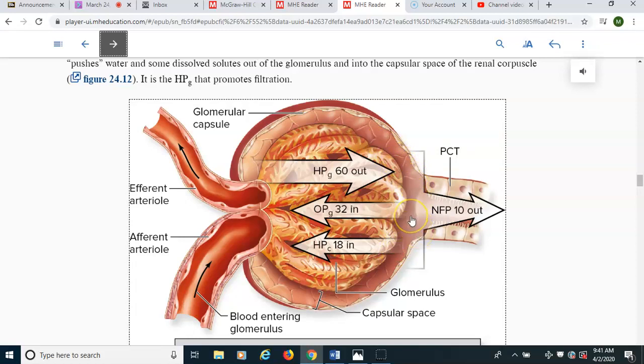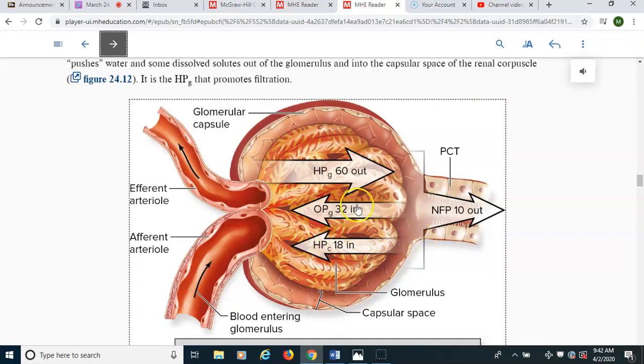So there's a little bit of pressure, a lot less than what's in the glomerular capillaries, but it's still a pressure that's opposing the movement of fluid and plasma components out. And so we call that hydrostatic pressure of the capsule. So it's pretty low at 18.